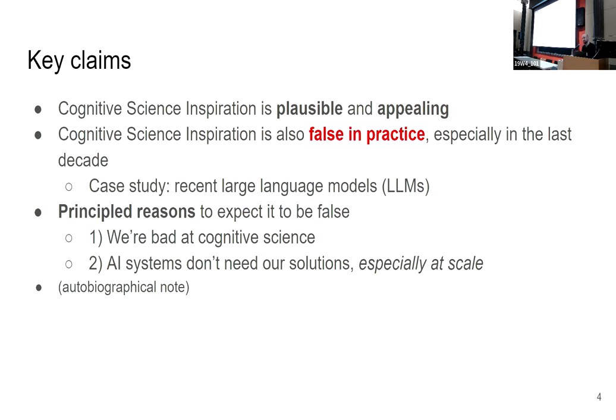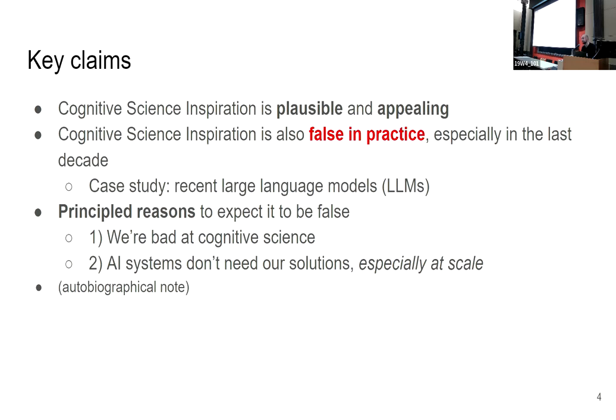Two broad reasons. First, we're bad at cognitive science. We're just not good enough at uncovering the actual complex computational basis of human behavior. That's one problem. Our models are too brittle to actually work at scale in AI.